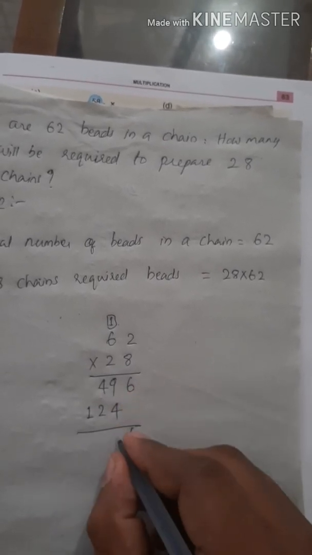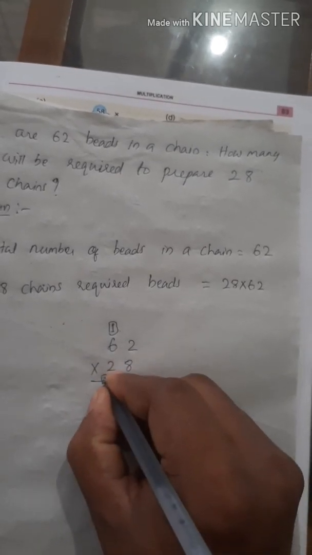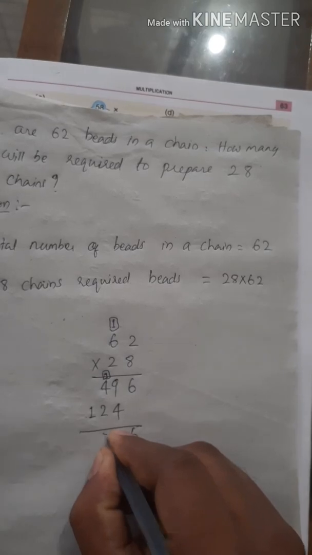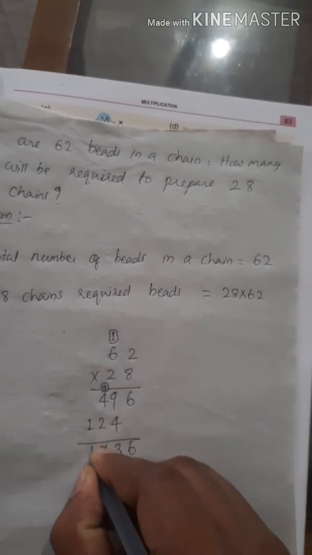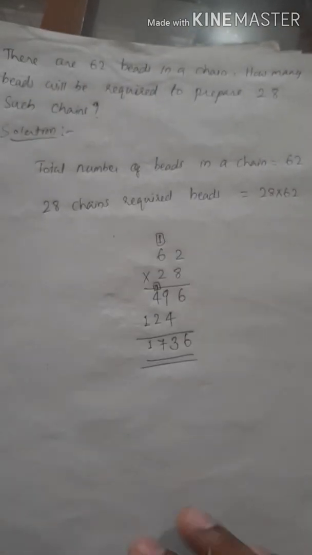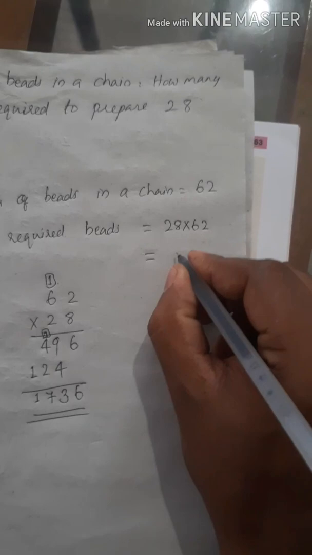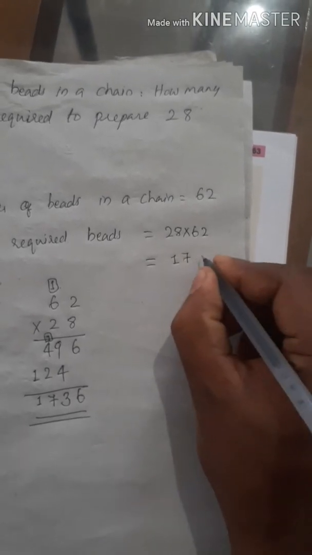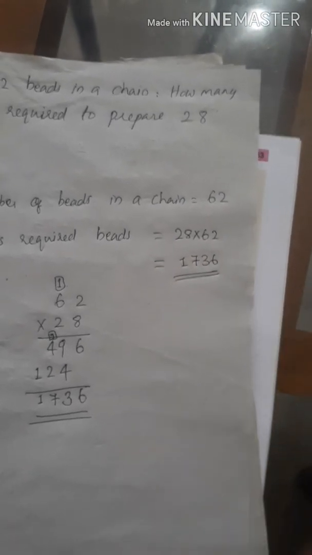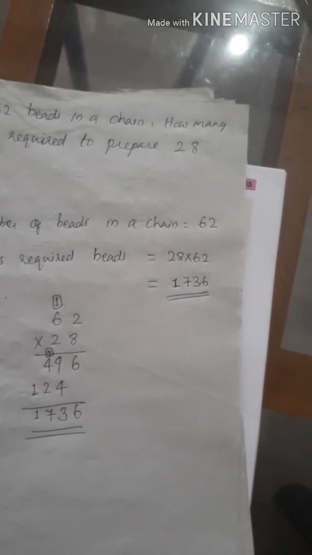Then 9 plus 4 is 13. 1 is carried forward to the next column. 4 plus 1 is 5. 5 plus 2 is 7. Next 1. So 28 chains required beads equal to 28 into 62, that is equal to 1736.